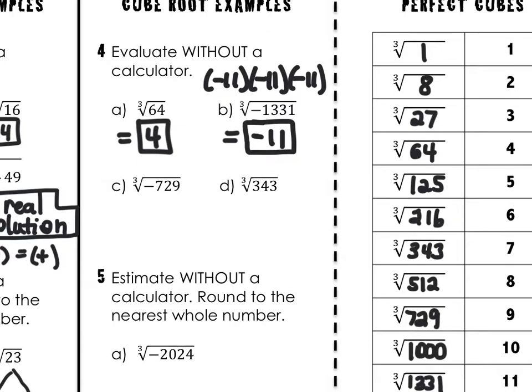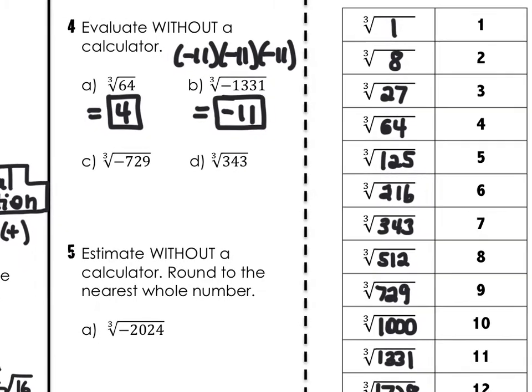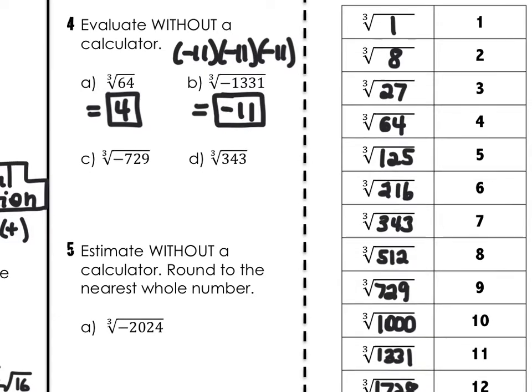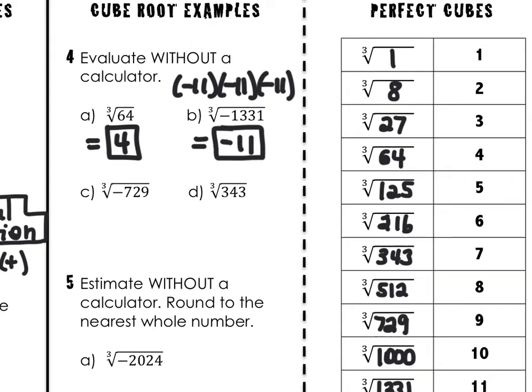So those 3 negative signs are going to give you a negative answer. So that's why you can have a negative inside the cube root symbol. So then the cube root of negative 729 is going to be negative 9. So write negative 9, and then the cube root of 343 is going to equal 7.